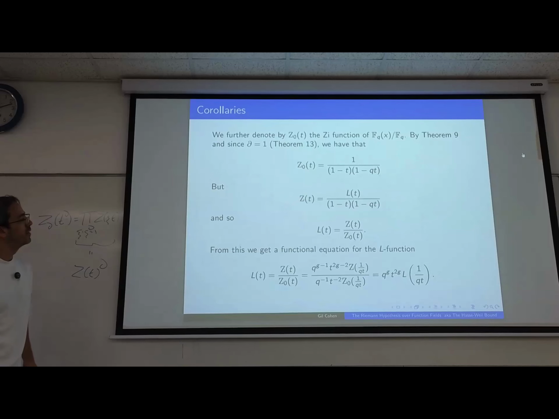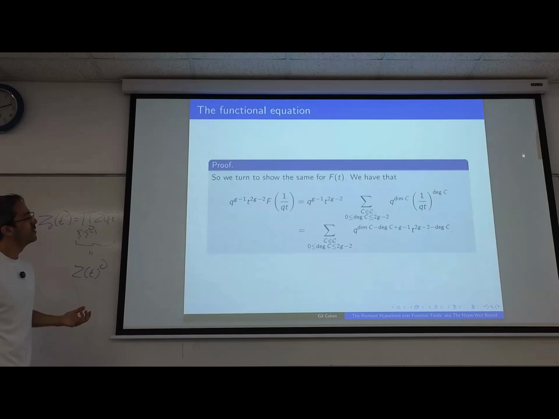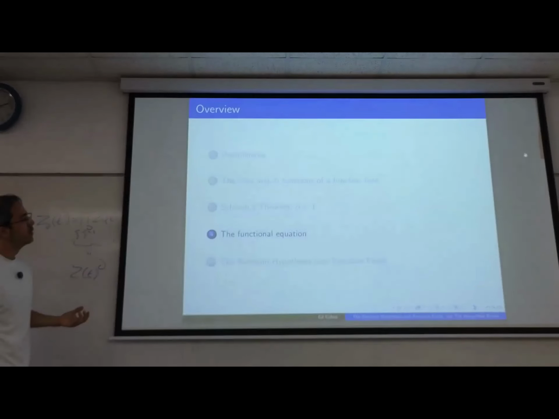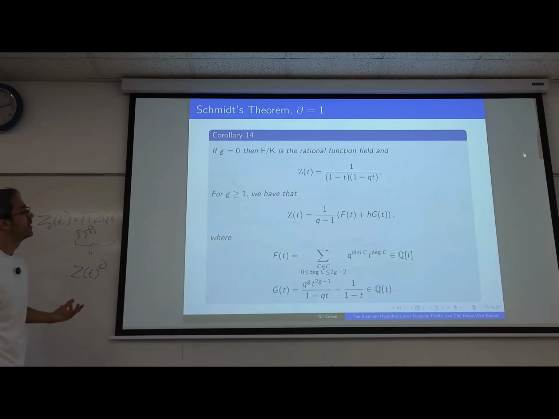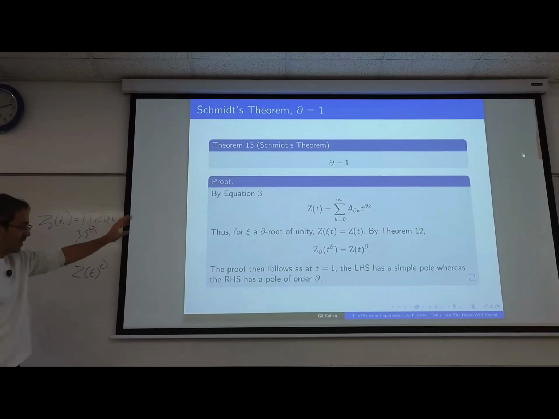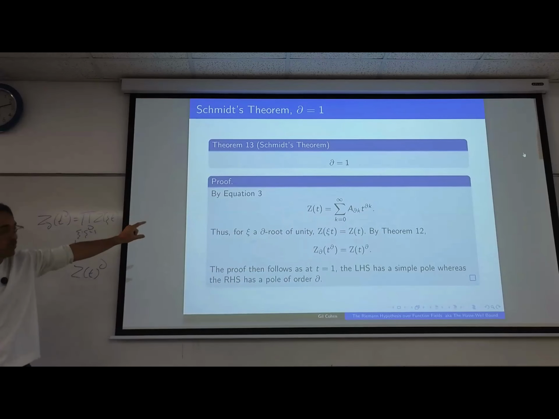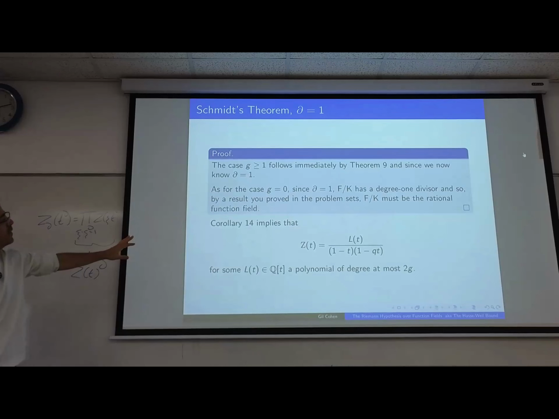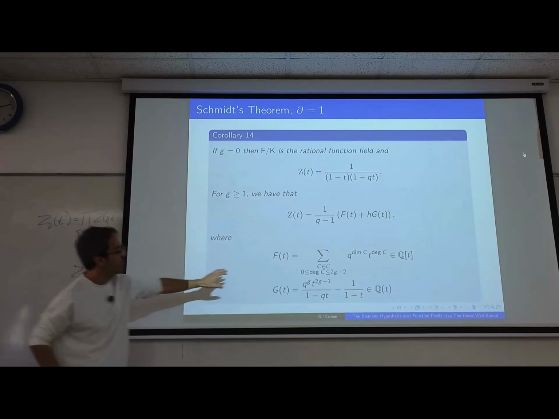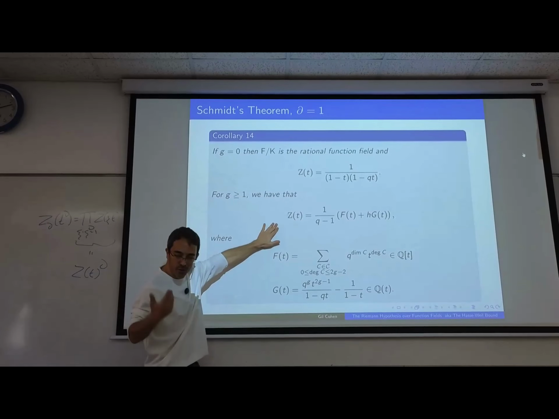But if you're going to look at the z function of a general function field, so maybe I should have done it somewhere before. Oh, I already did it. I just forgot to say. So, sorry, I forgot to have a corollary for when delta is 1. When we proved the delta is 1, we have this equation. So z is this thing. I should have said before.